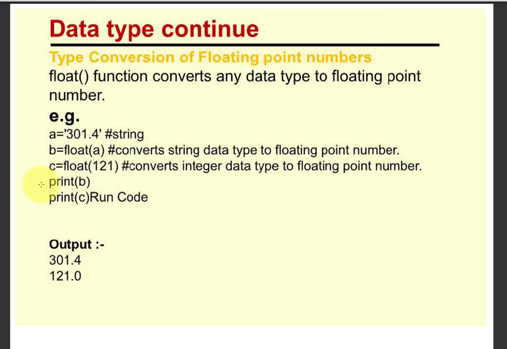Let's execute this. I am printing the b variable and printing c. Then I will get 301.4, which is a float, and 121.0, which also becomes a float. So this is the way of converting, and this is called type conversion.